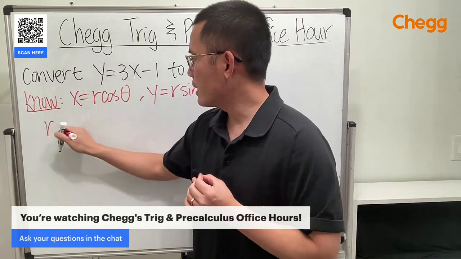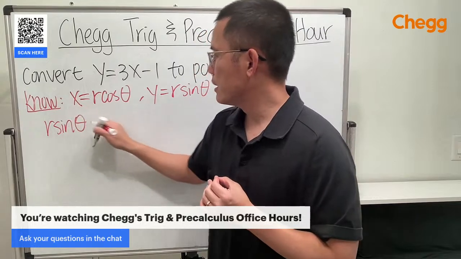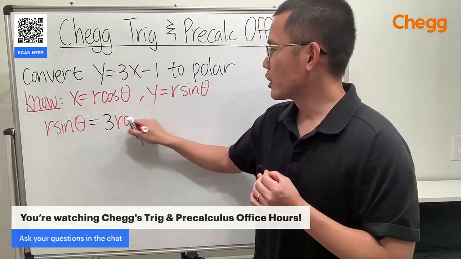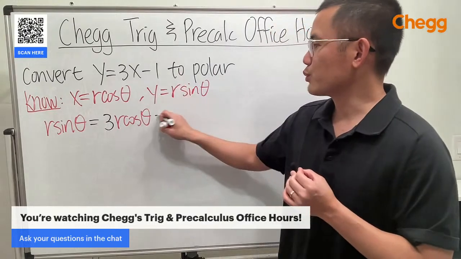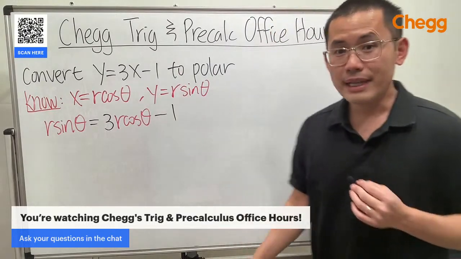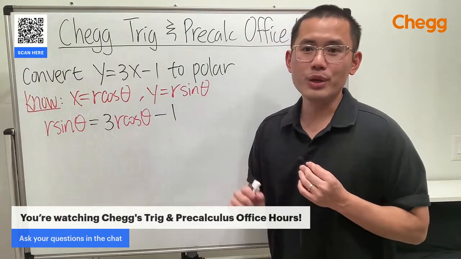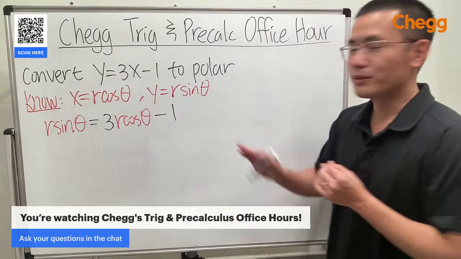We have r times sine theta equals 3 times r cosine theta, and then minus 1. And technically, you're done, because this is a polar equation. Move on. No, just kidding.